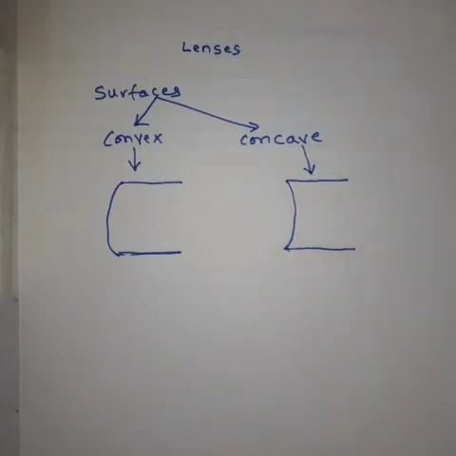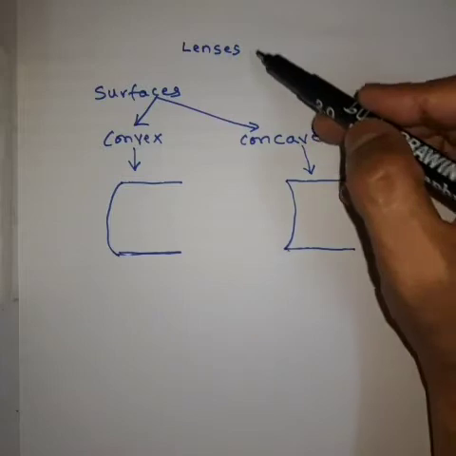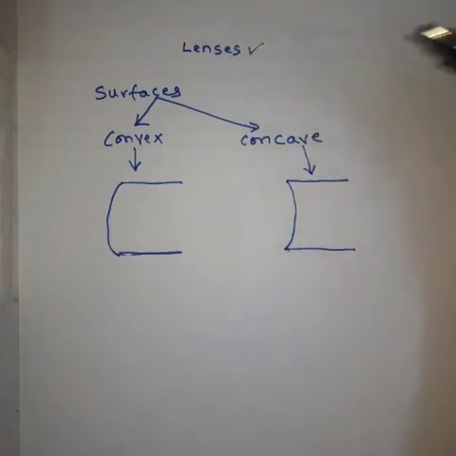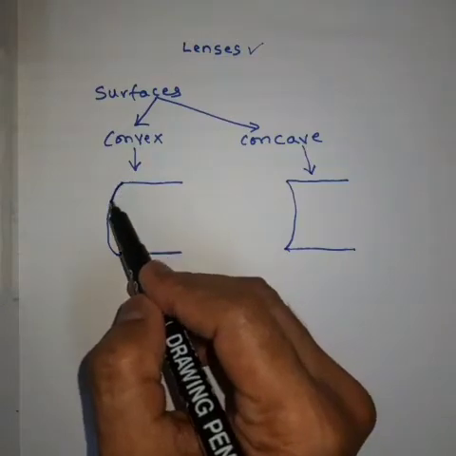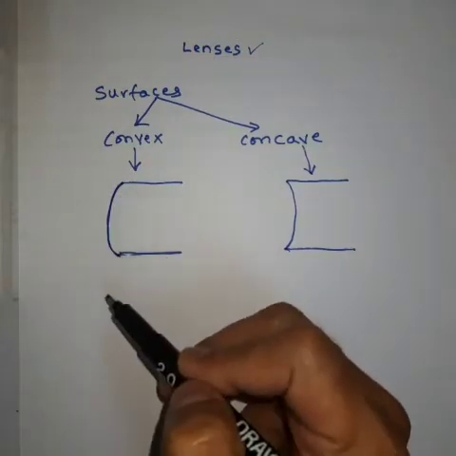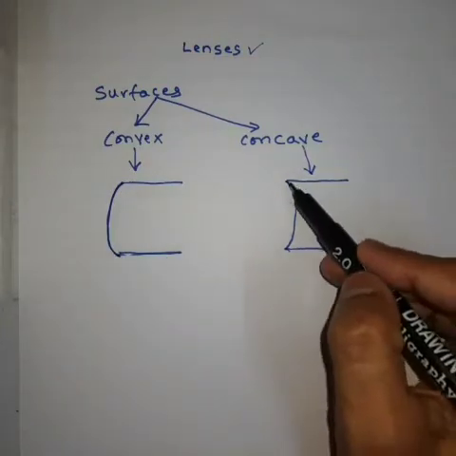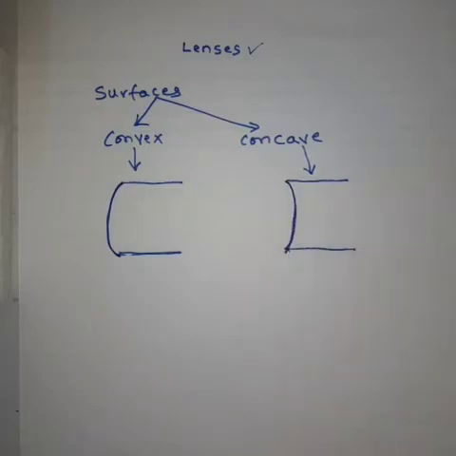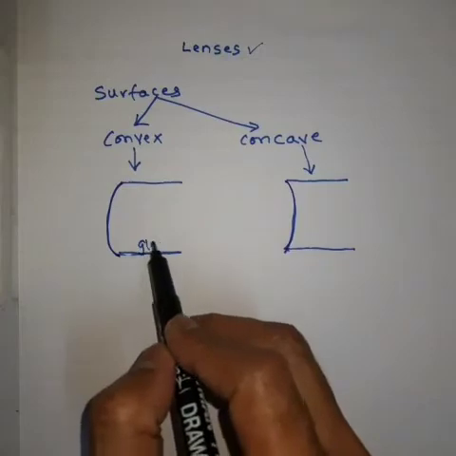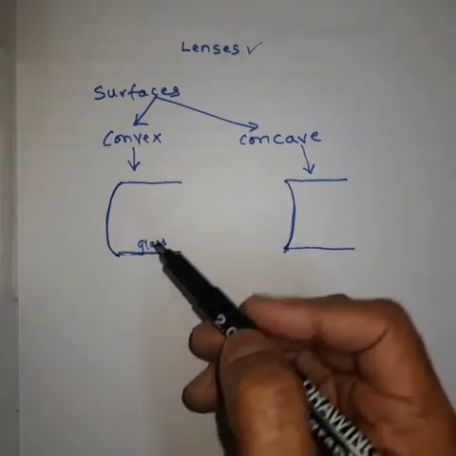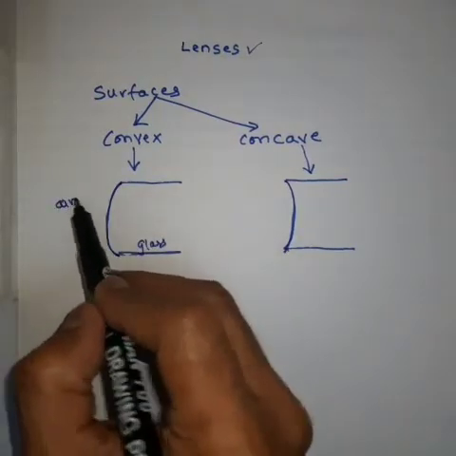Since you have already learned about the convex lens and concave lens, we are just taking one surface of a convex lens and one surface of a concave lens. This is glass material and the outer part we take as air.